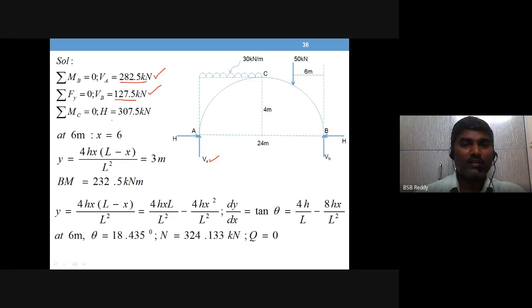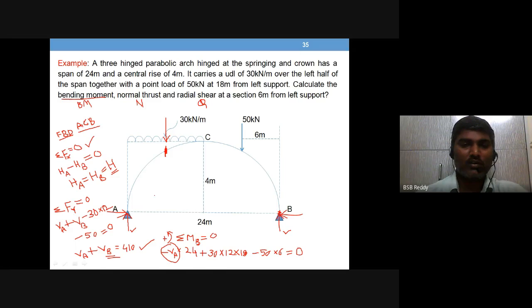Right. Then how do you get the H value? This is what you were able to solve from the free body diagram of the full arch.